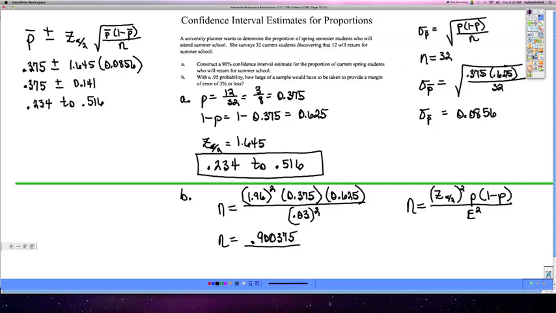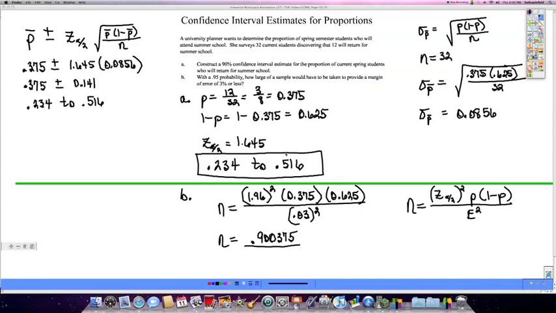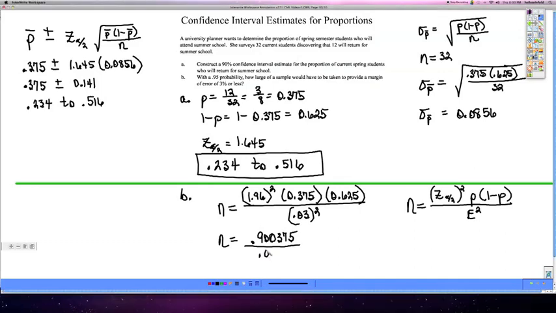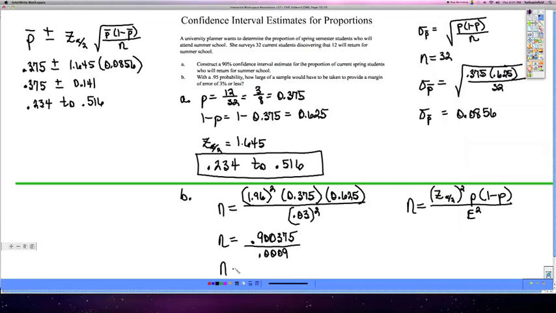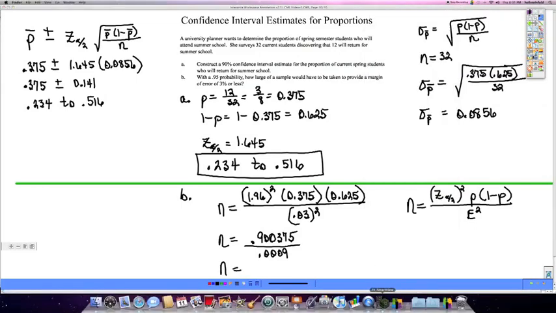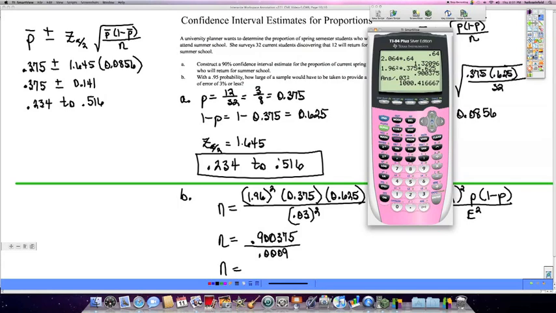And we divide by the 0.03 squared, which is 0.0009. And we find that it is 1000.417.